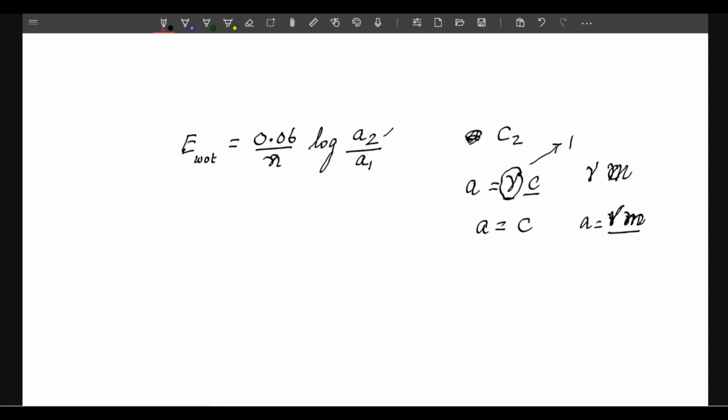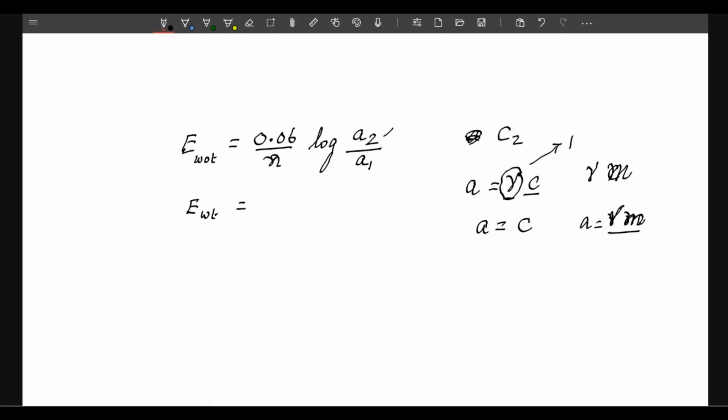E is the cell EMF. E_WOT means without transference, and E_WT is the representation for the EMF with transference. Here, why is there a difference in the E_WOT value and the E_WT value?